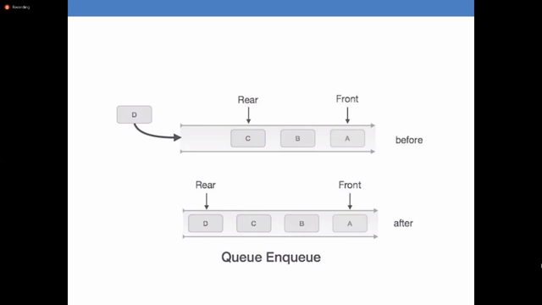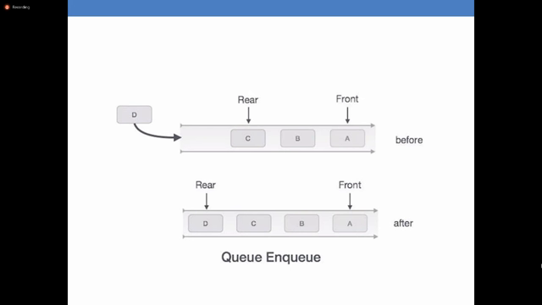Then diagrammatically we can show the queue in this manner. I hope you may have seen this in printed materials in books or on the internet. You can see the front pointer and the rear pointer. Now this diagram shows how we can enqueue D. Front always points to the front element.